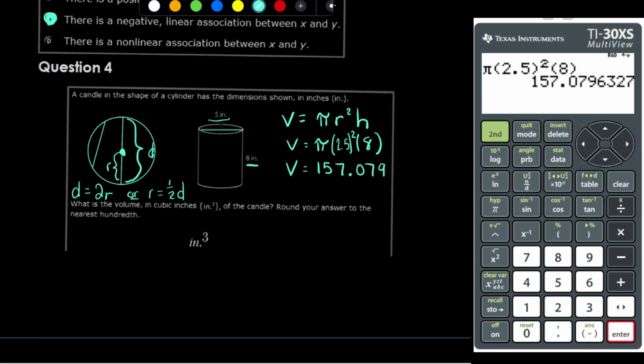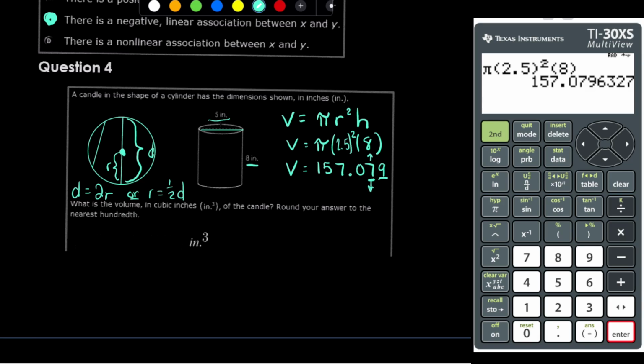So we have to round to the nearest hundredth. The state test loves to have you round to hundredths, so you should know where your hundredth is. Your hundredth place is 2 places after the decimal. So this 7, that is your hundredth. So we're going to round that either up or down based on this 9.